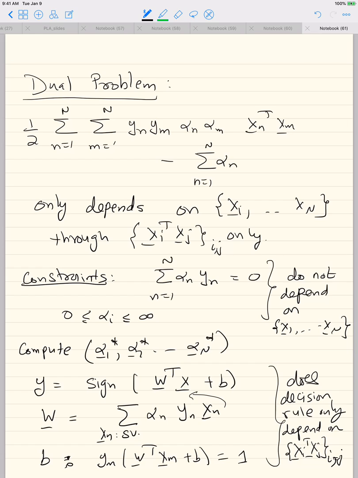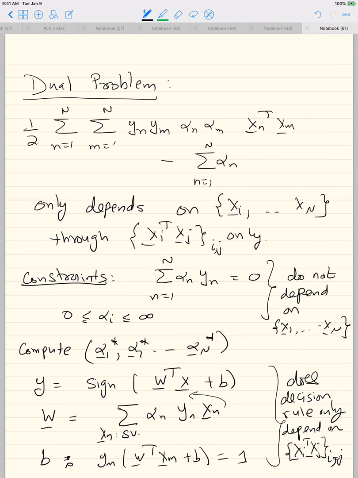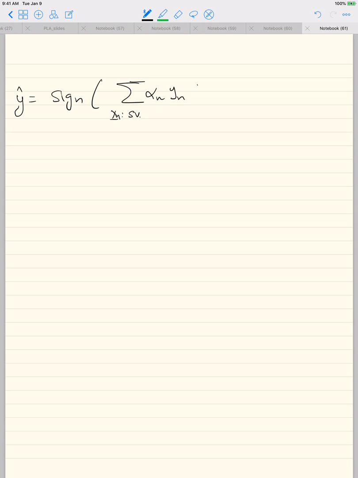So if we substitute, then y hat is going to be the sign of the summation over xn that is a support vector, which is the same as saying that alpha n for that quantity is not 0, of alpha n yn xn transpose, because we're transposing w, times the data vector x plus b.